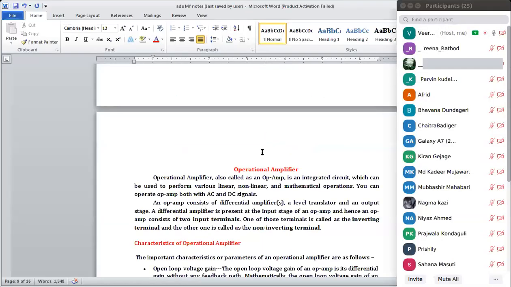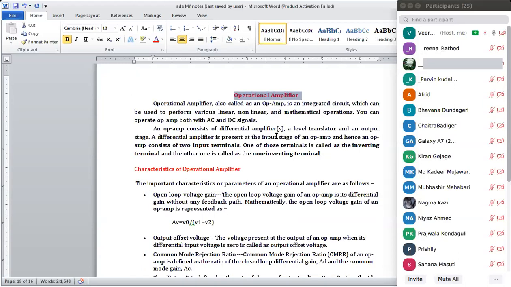So today we will see what is an operational amplifier, op-amp. I think in the basic electronics this has already come. You have already learned this. You have understood what is op-amp, operational amplifier.